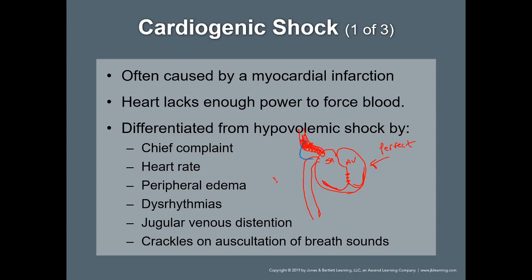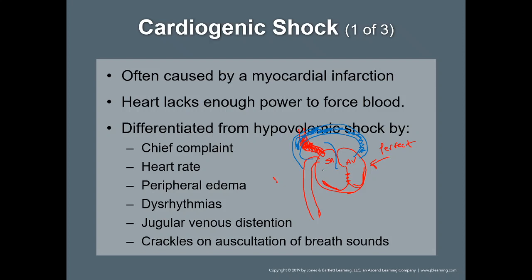Sometimes that pressure is so great that I'm having a hard time dealing with all this pressure. So it's backing up. If it backs up, where does it go? If I can't get it to the left atrium, let's back up then. Left atrium. If I can't get it here, pulmonary veins back, alveoli, pulmonary arteries.